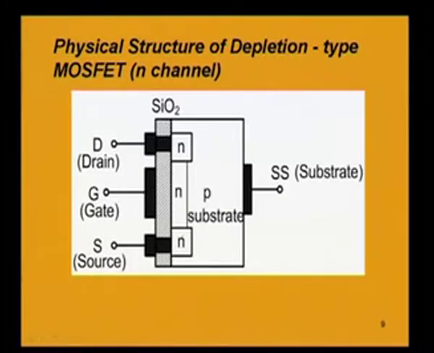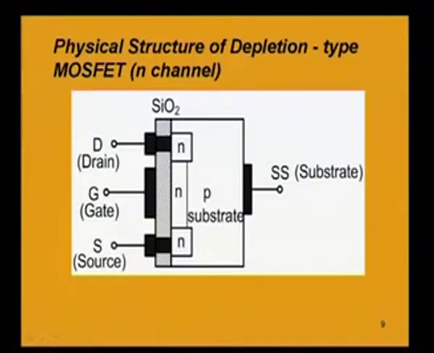The reason is that between drain and source there was no channel, but here an n type material is existing between the drain and the source. So, we have already an n channel. Others being same, means we have the drain terminal, gate terminal and source terminal taken out from the metal contacts which are grown over the silicon dioxide, and the substrate terminal. So, this is the 4 terminal case. So, the physical structure of a depletion type MOSFET is as shown in this figure.